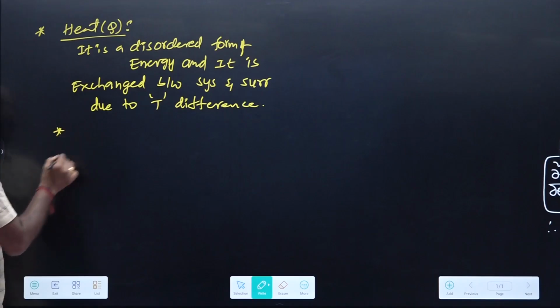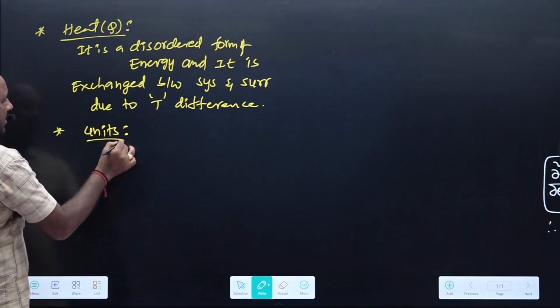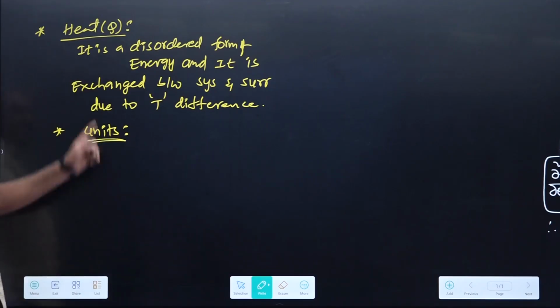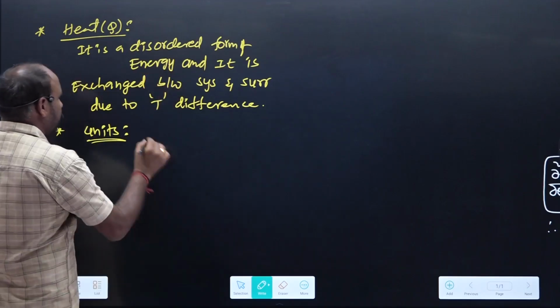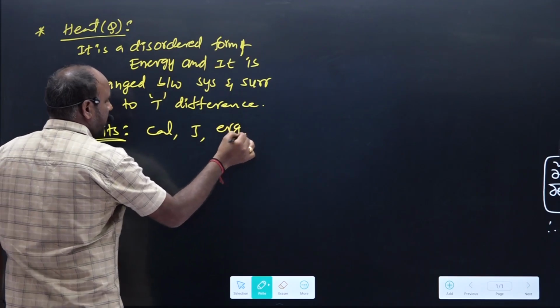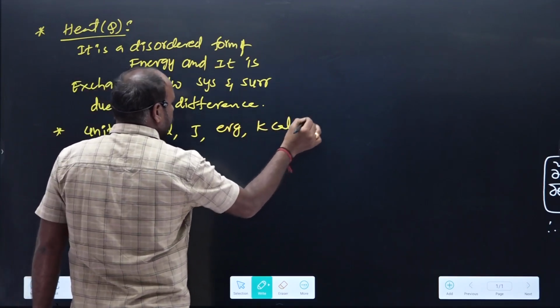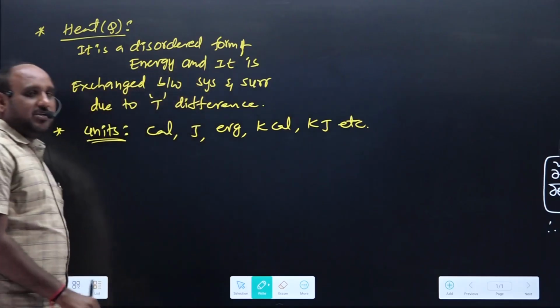So what are the units of heat? It is what form of energy? What are the energy units? Calories, joules, ergs, kilocalories, kilojoules, etc. These all are units of heat.